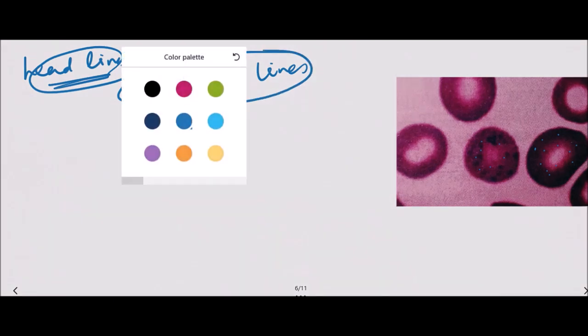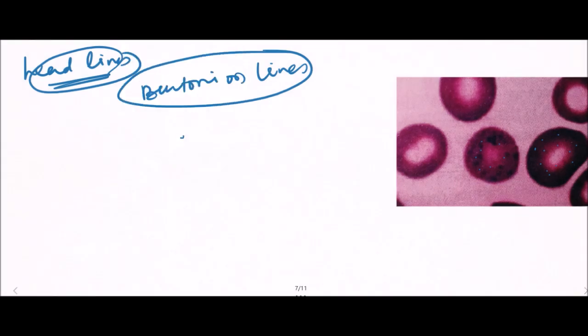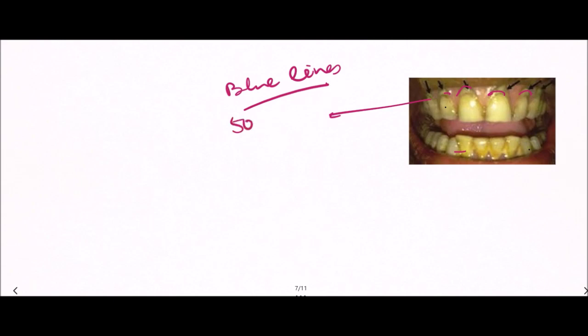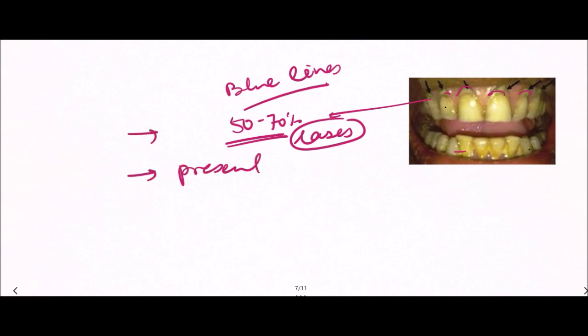These are stippled blue lines, usually seen in 50 to 70% of cases, and seen on the gums.